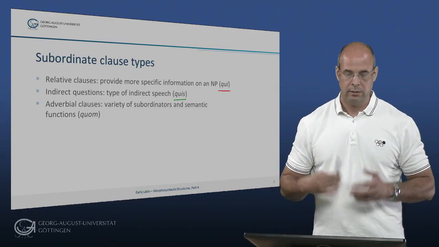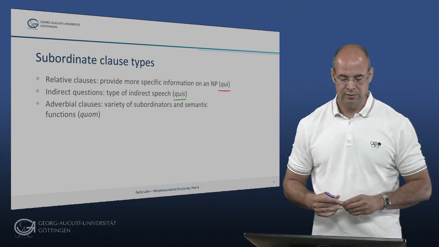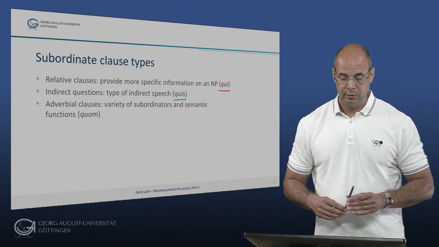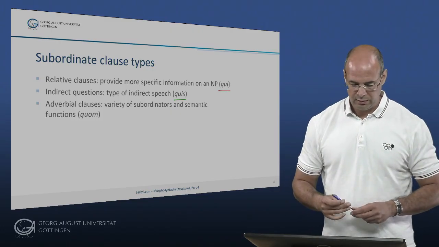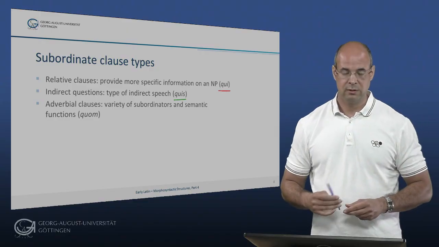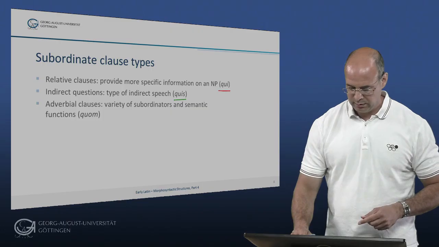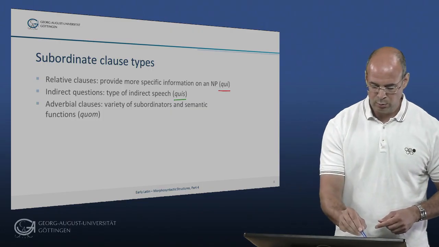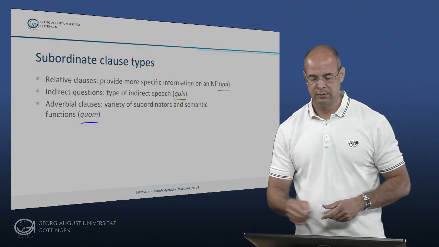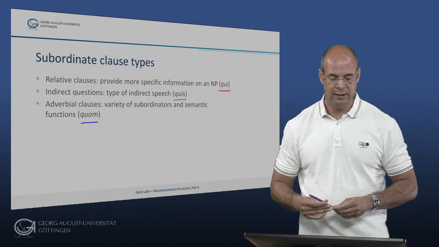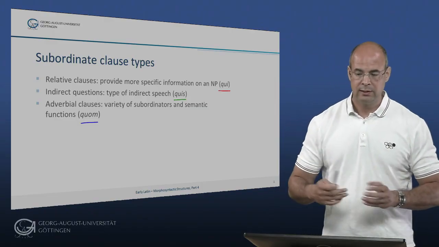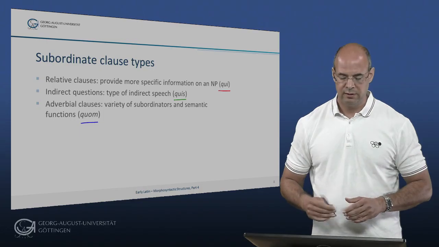And we get a third type, adverbial clauses, with a variety of subordinators and semantic functions, but quite commonly the subordinators introducing such adverbial clauses are etymologically related, such as quam or cum. So what you can see here is each of these begins with a QU, a labiovelar, indicating they all go back to a similar paradigm.